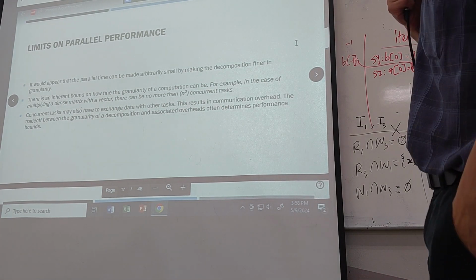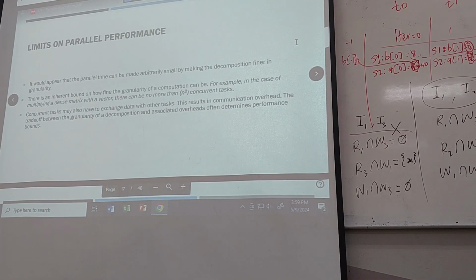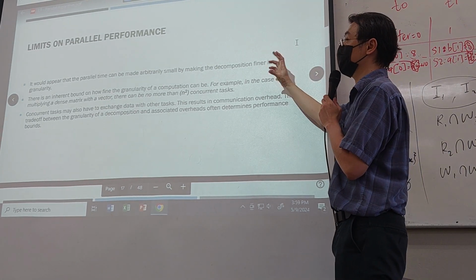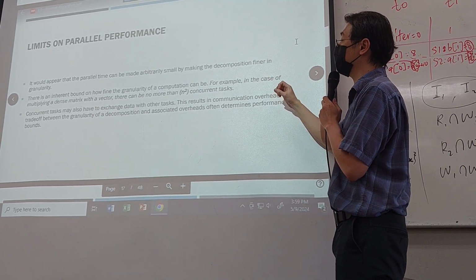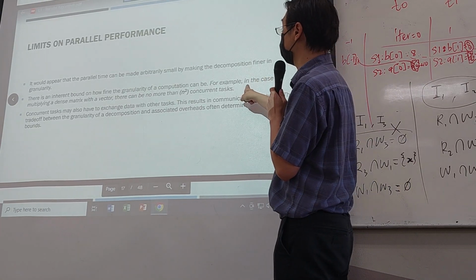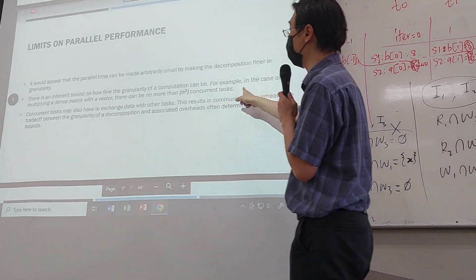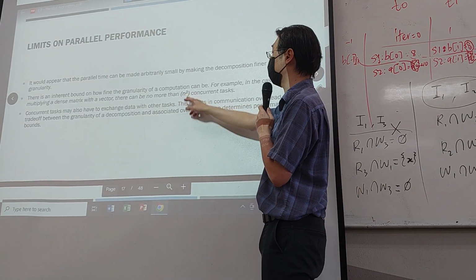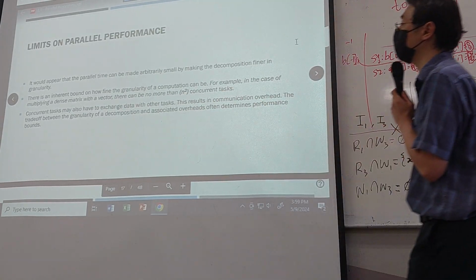There is a limit of parallel performance. It would appear that the parallel time can be made arbitrarily small by making the decomposition finer and finer. If we make it finer, we can use a lot of cores to solve them. For example, in the matrix, we have 2 squares, so each one of them you can run concurrently.